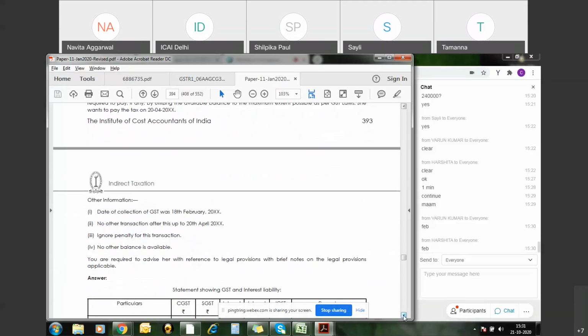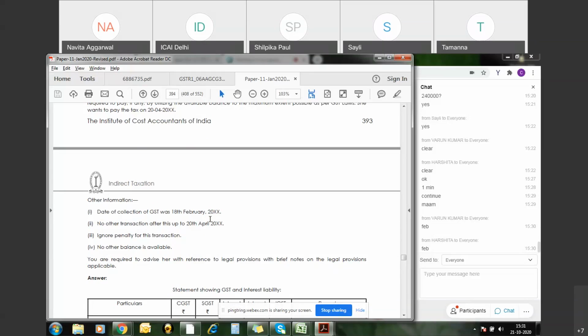The other information given is the date of collection of GST was 18th February 2020, meaning the tax was collected. Why are these dates given, what is the significance? For the purpose of the computation, the number of days by which the tax got delayed, that is, the tax has not been deposited from the due date till the date it has actually been paid.